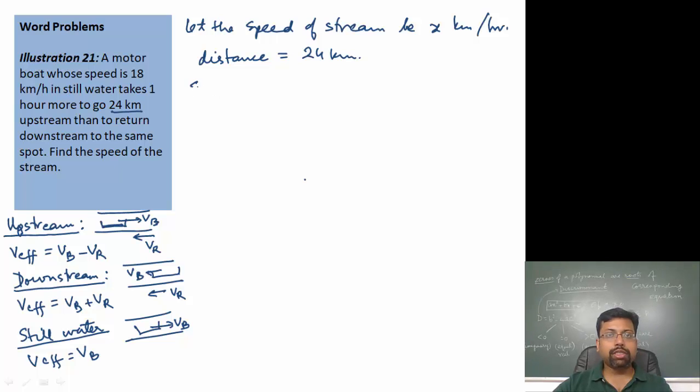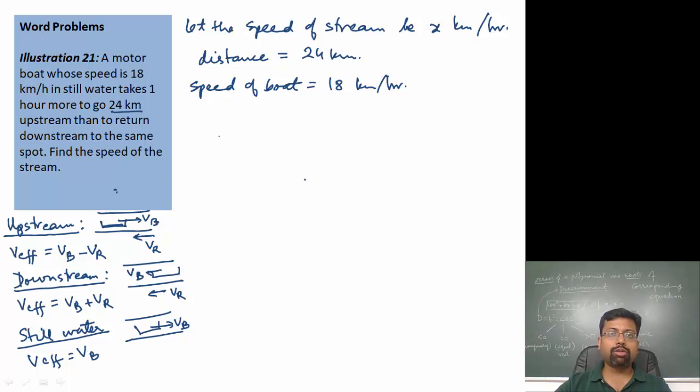That means the actual speed of the boat is 18 kilometers per hour. Why? Because in still water, the effective speed is actually the speed of the boat. So the speed of the boat is taken as 18 kilometers per hour.